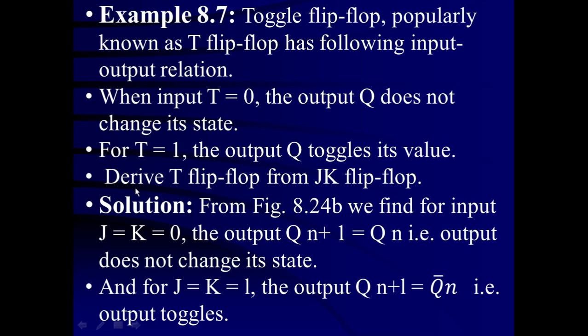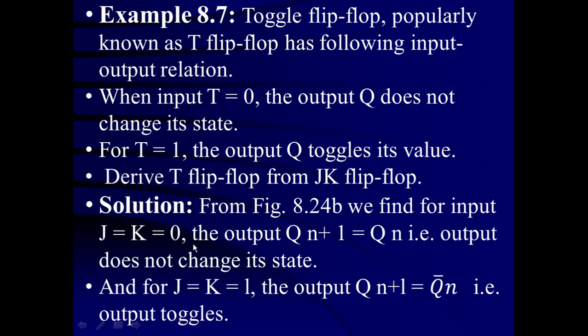So our problem is to derive the T flip-flop from the JK flip-flop. How can it be derived? If J and K, both inputs, are shorted and labeled as the T input, then it converts the JK flip-flop into a toggle mode flip-flop. From figure 8.24b, we find that for J equal to K equal to 0, the output Qn plus 1 is equal to Qn.